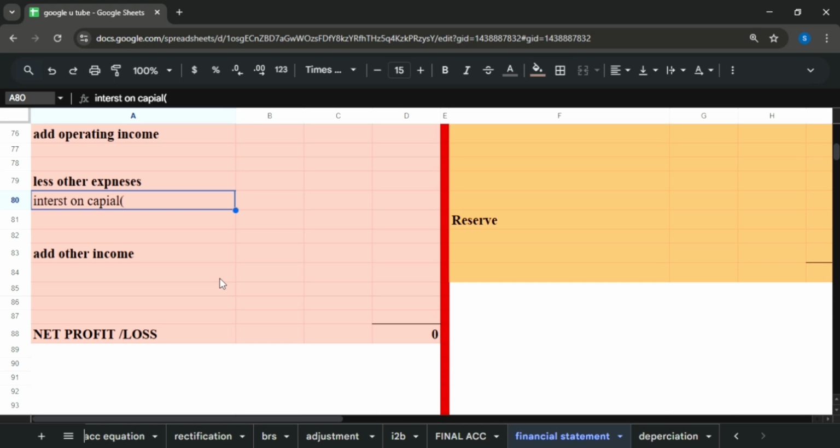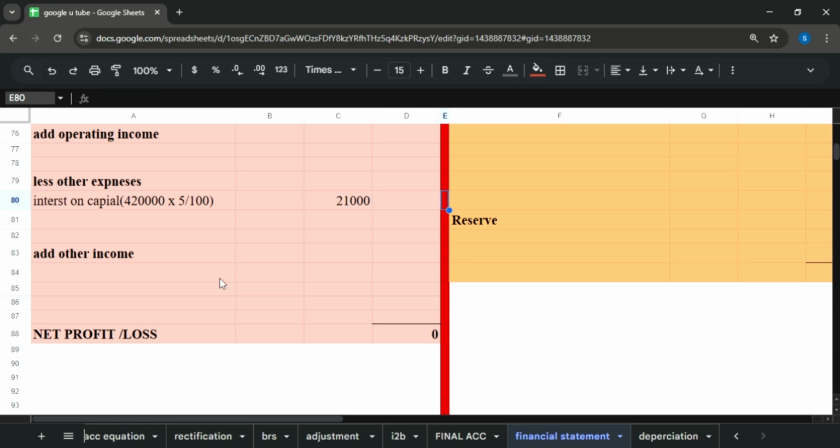So here 4,20,000 multiplied by 5 divided by 100. So you can calculate interest on capital. We have taken this 4,20,000 from the trial balance as capital and 5% was given in the adjustment. So interest on capital has been calculated.